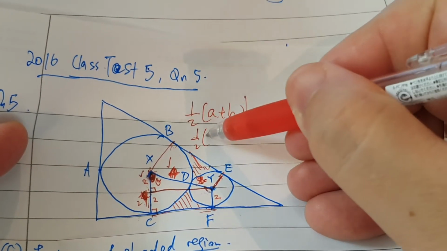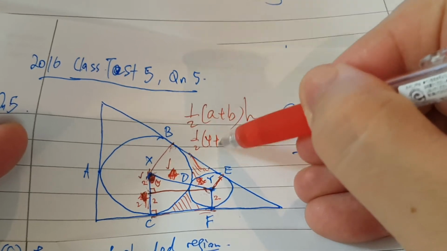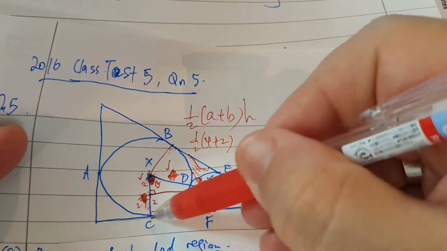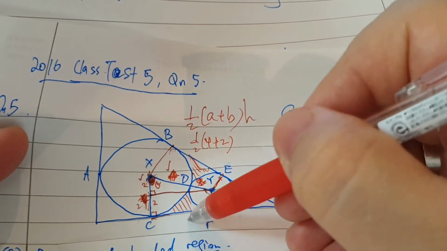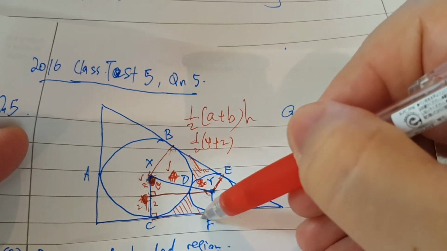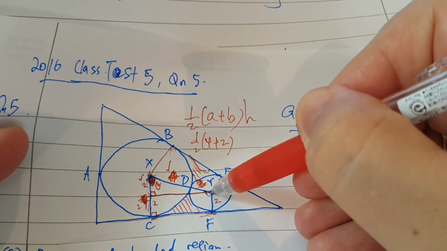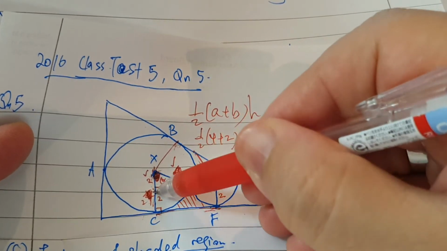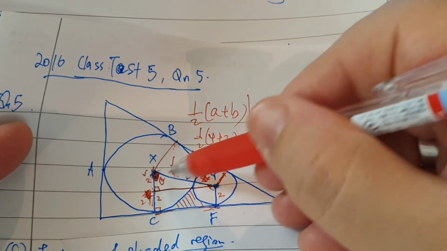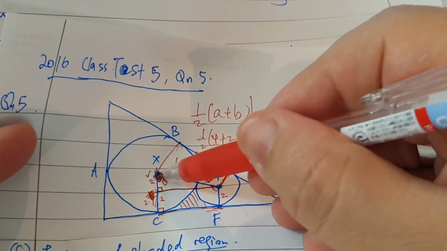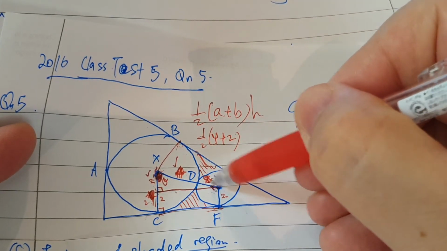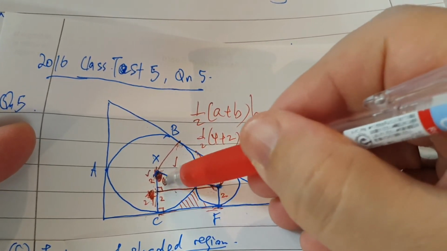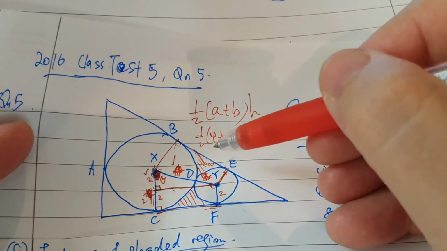That means it's half, 4 plus 2. But I don't know this. But can I find it? Definitely. You see, if I want to find this, I draw a line parallel to it. Then isn't this line part of this triangle? Then I can use SOH-CAH-TOA. Okay, this is opposite, hypotenuse. I can find this side because I already know this angle. So that's the whole plan.